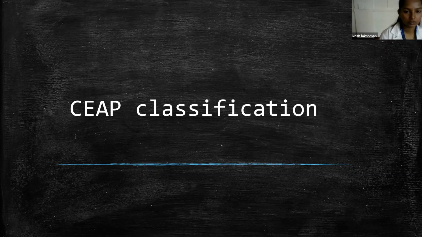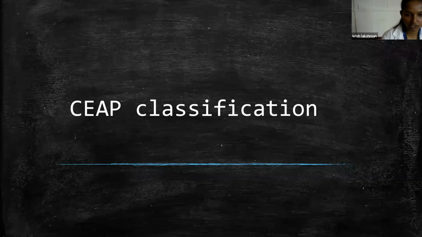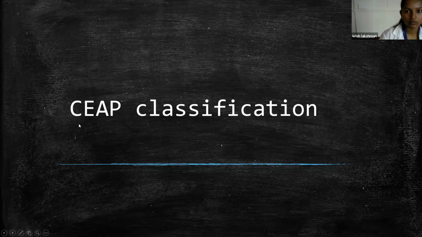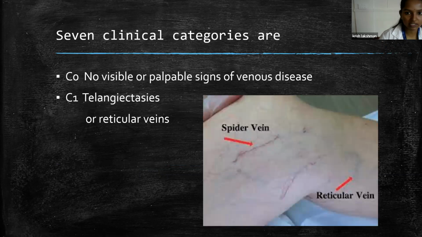Yes. So when the patient presents with the clinical features, we classify the patient based on the CEAP classification, which includes seven clinical categories in C, and E defines etiology, A means anatomy, and P means pathophysiology.